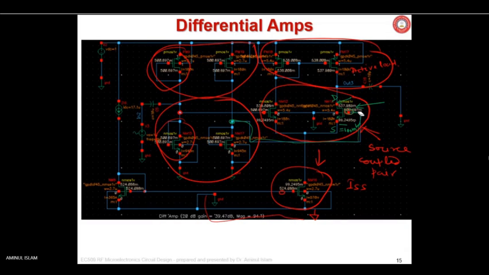This voltage is 537.989, so I can roughly write 538 millivolt. Yes or no? So VDS is how much? 438 millivolt is the VDS. Good enough for us.